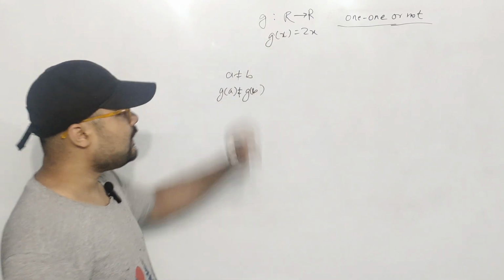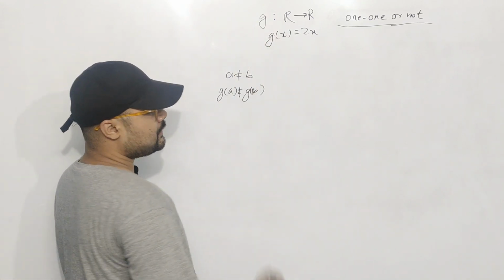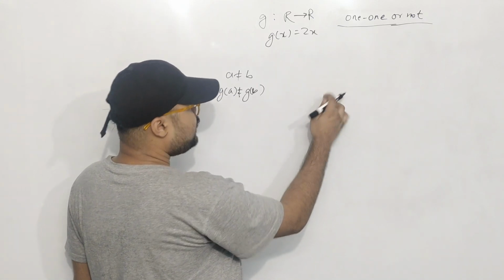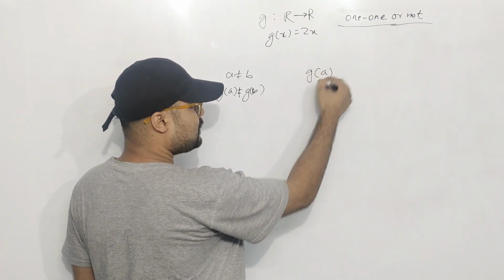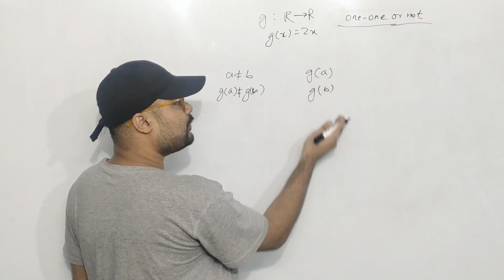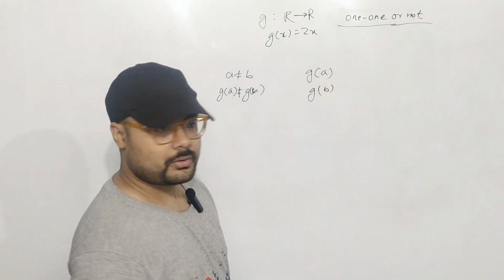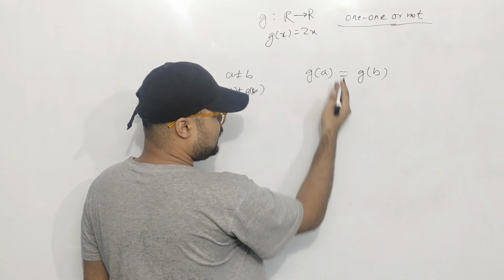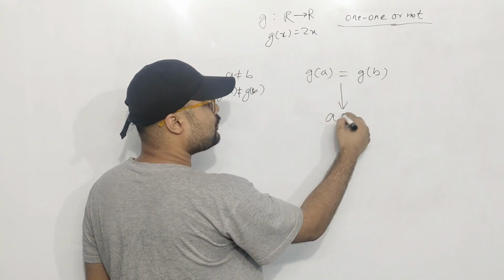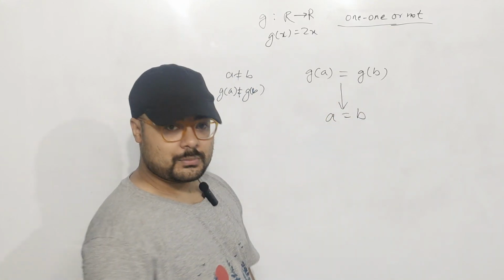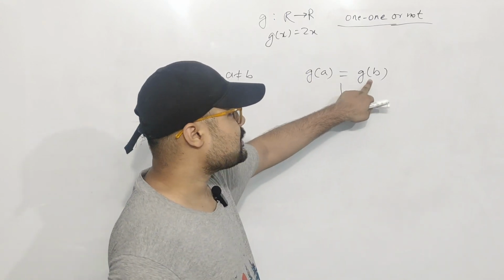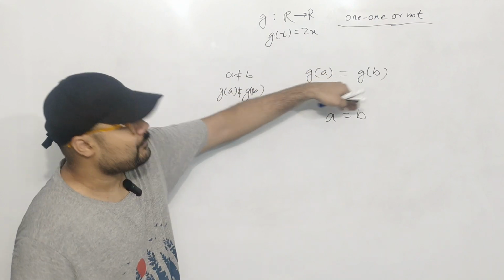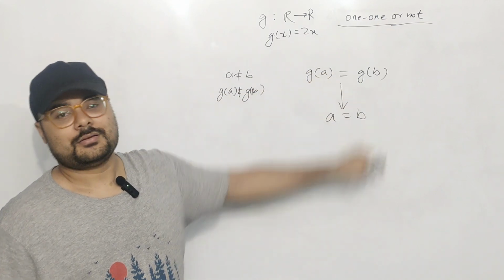Now if you want to prove it, you will find g of a, you will find g of b, and you will equate them. Just do g of a equals g of b, and if ultimately solving this gives you a is equal to b, it means that if the expressions are equal, the inputs you gave were equal.